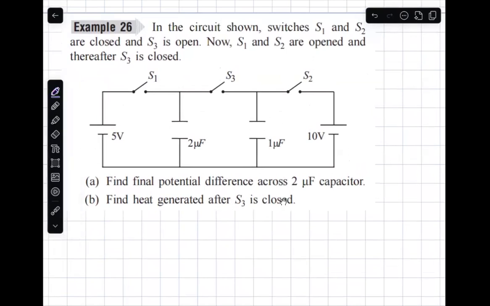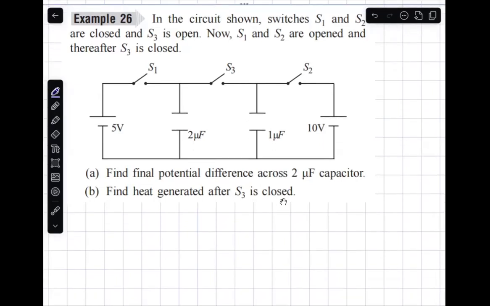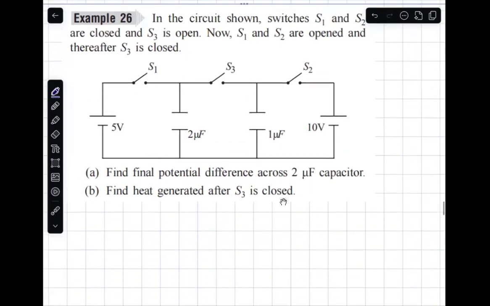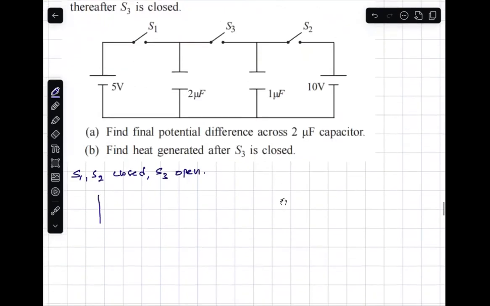In the circuit shown, switches S1 and S2 are closed and S3 is open. Hold on, I'm going to write this statement as it is: S1, S2 closed, S3 open. In this stage, what is going to be my circuit?